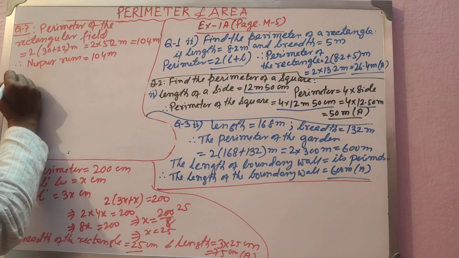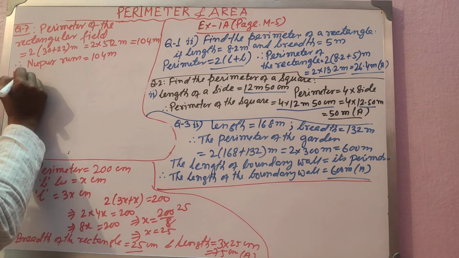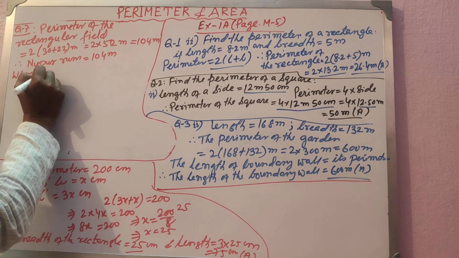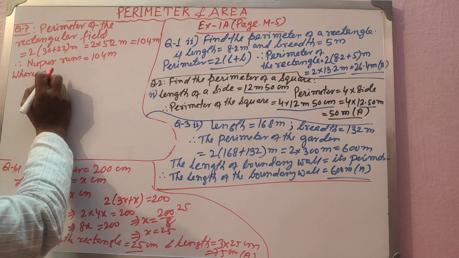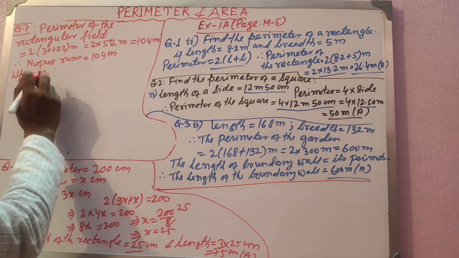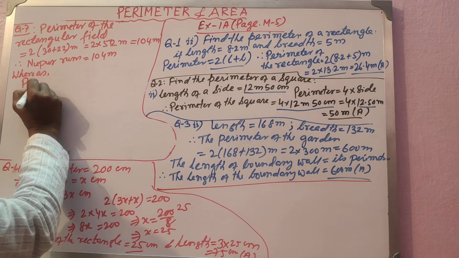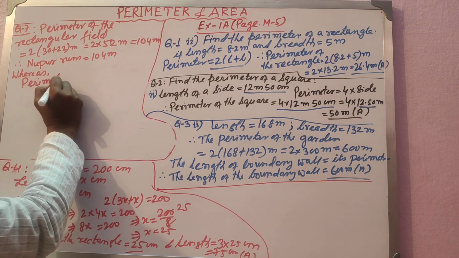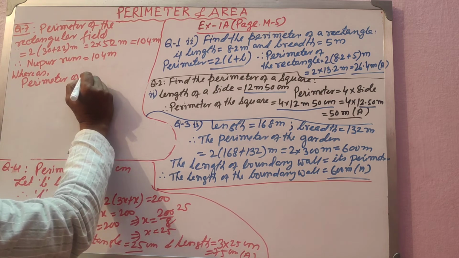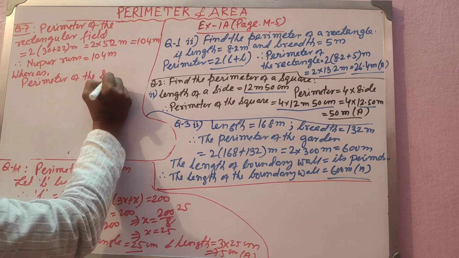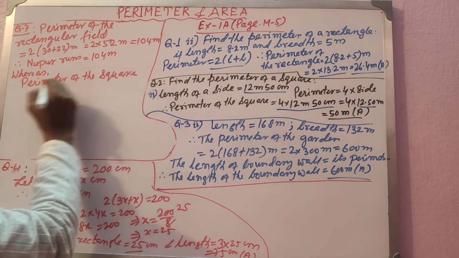Whereas Krishna's perimeter of the square field is equal to how much?